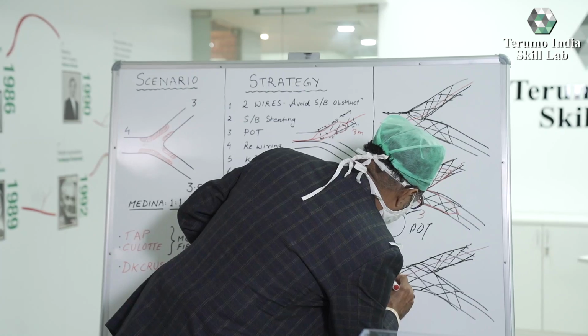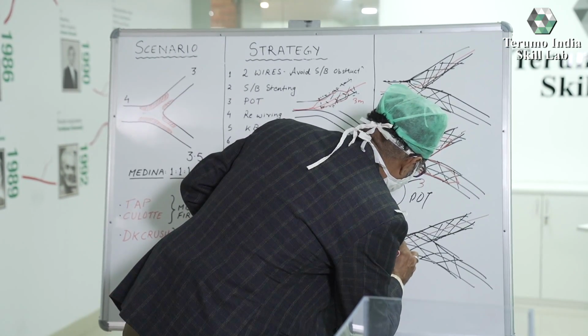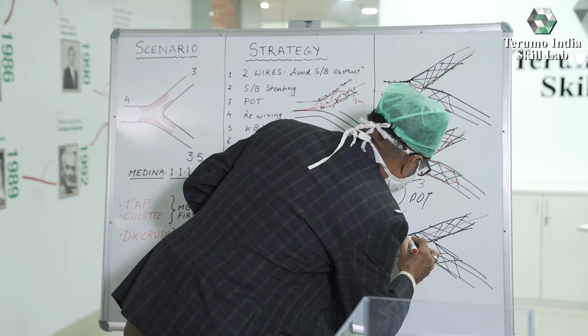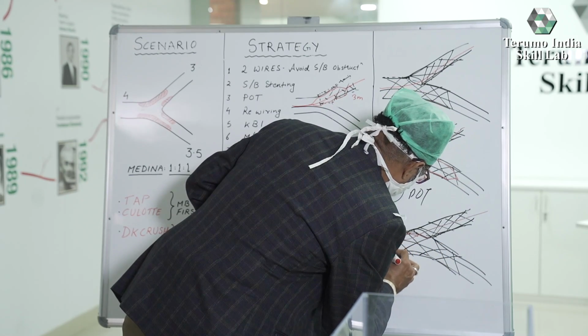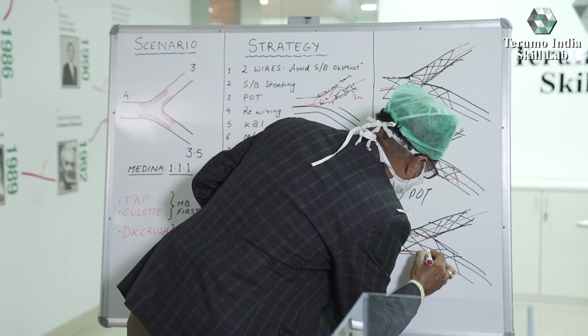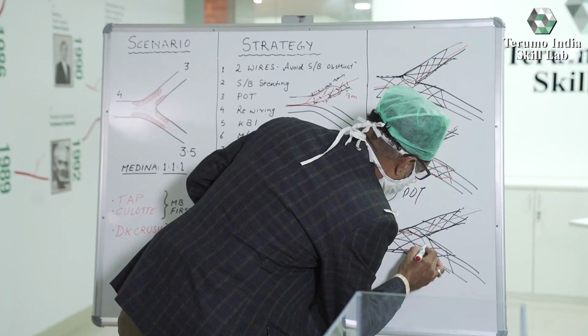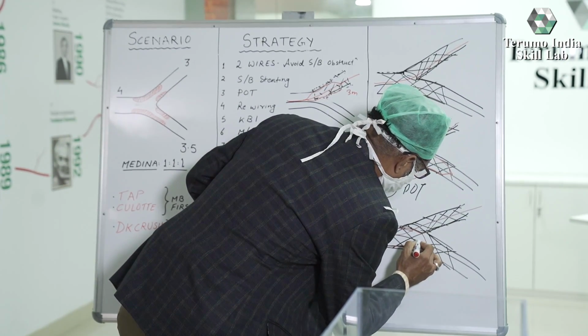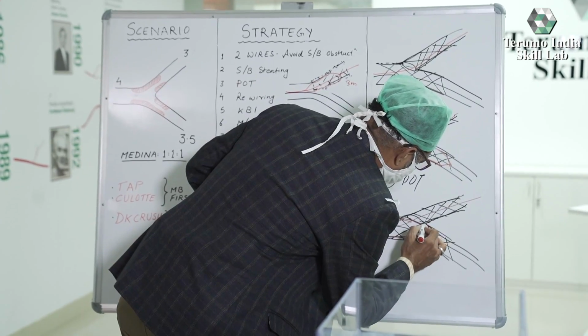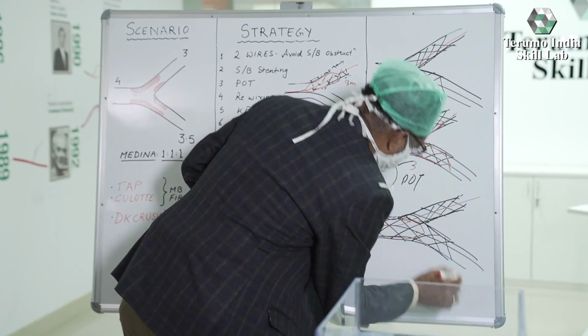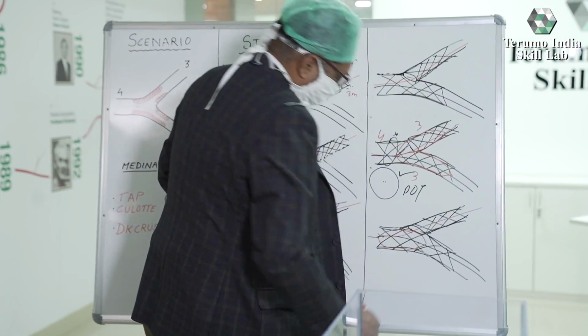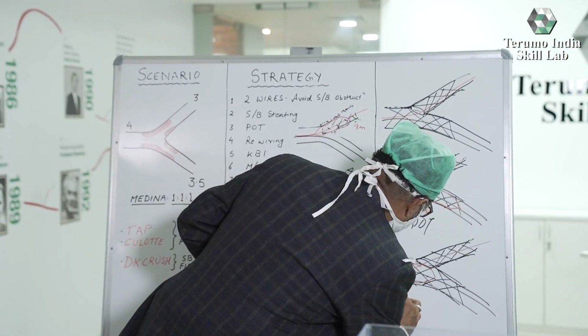So what we did is we took a small 4 by 6 balloon here, just short of the carina, with the marker just before the carina, and the shoulder of the balloon just proximal, and this was POT.